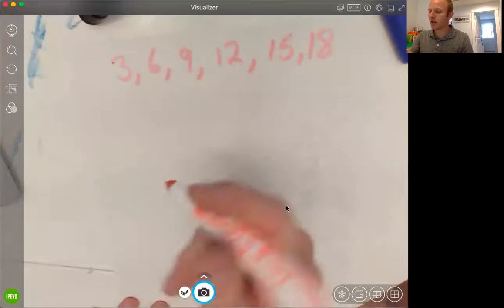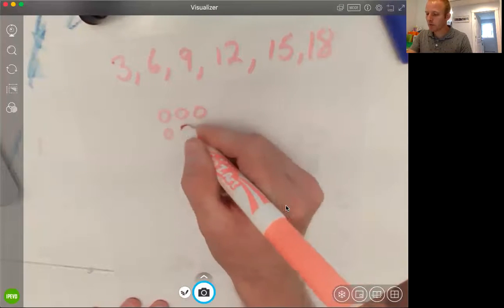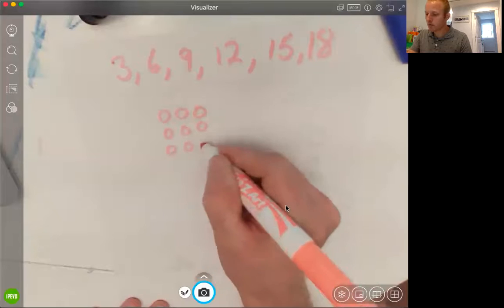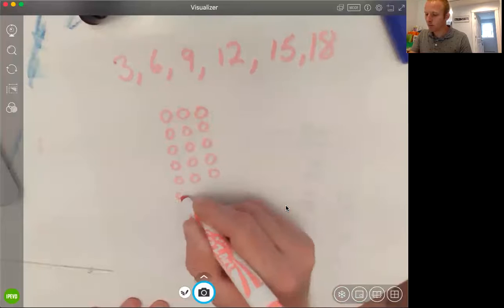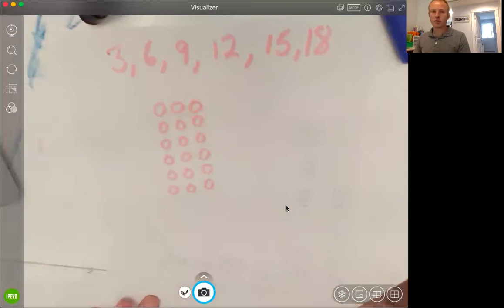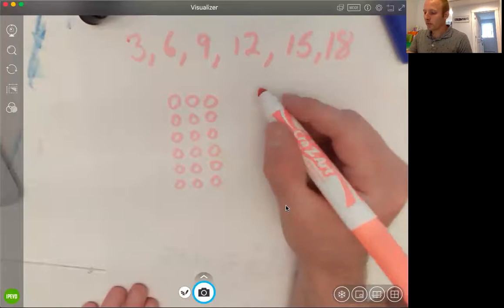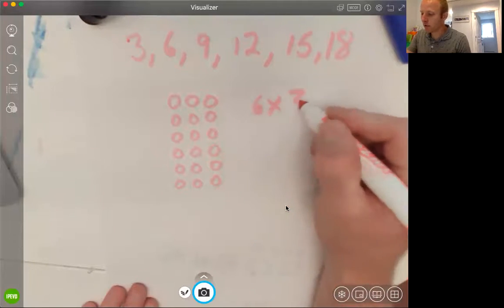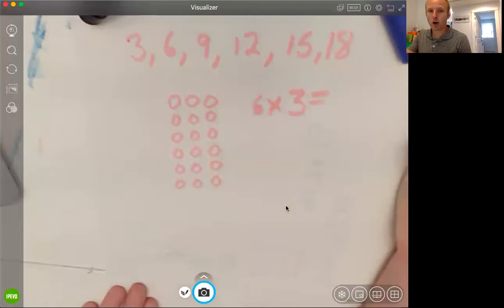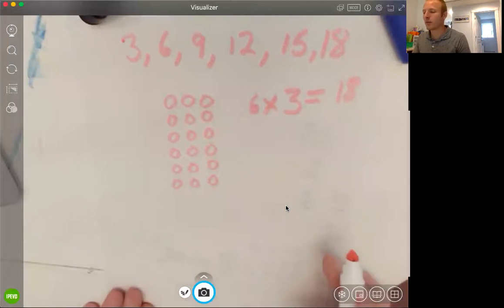So my array then looks like 6 groups of 3. 3 groups, 4 groups, 5 groups, and finally 6 groups. Okay. So my multiplication sentence, I have 6 rows, so 6 groups times 3 in each group leads to a product of 18. And I know that because I counted up to 18. That's the total number I have.